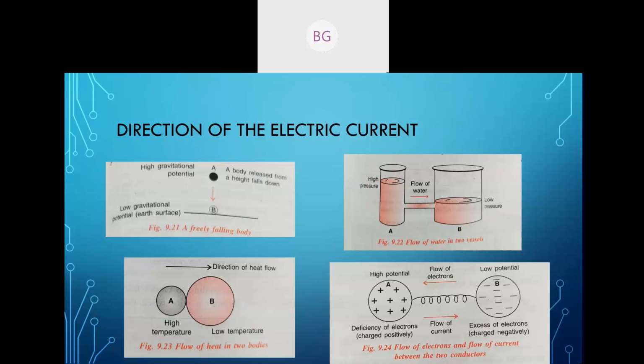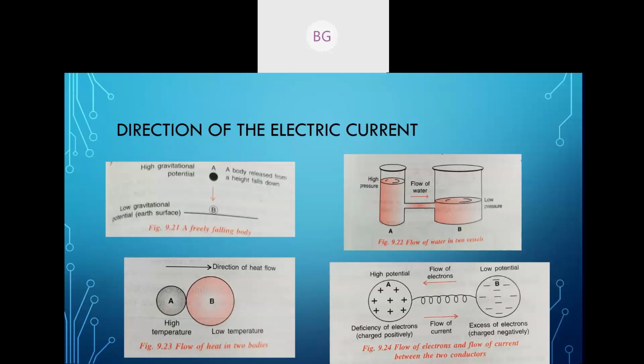Now we know that electrons will move, protons cannot move. So electrons start moving from the negatively charged body, where the concentration of electrons is more, to the positively charged body, that is from higher level to low level, right?